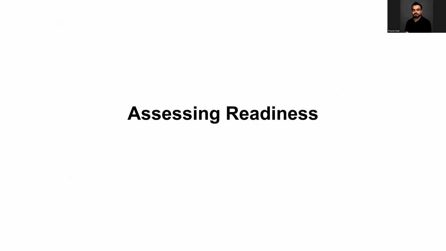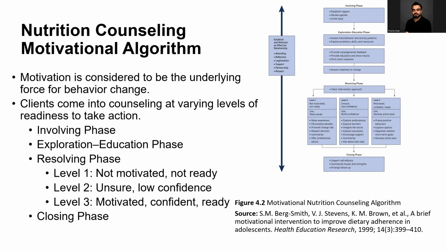According to this algorithm, we have three levels for the resolving phase. Since we have three levels of readiness or motivation, we can assess that readiness.